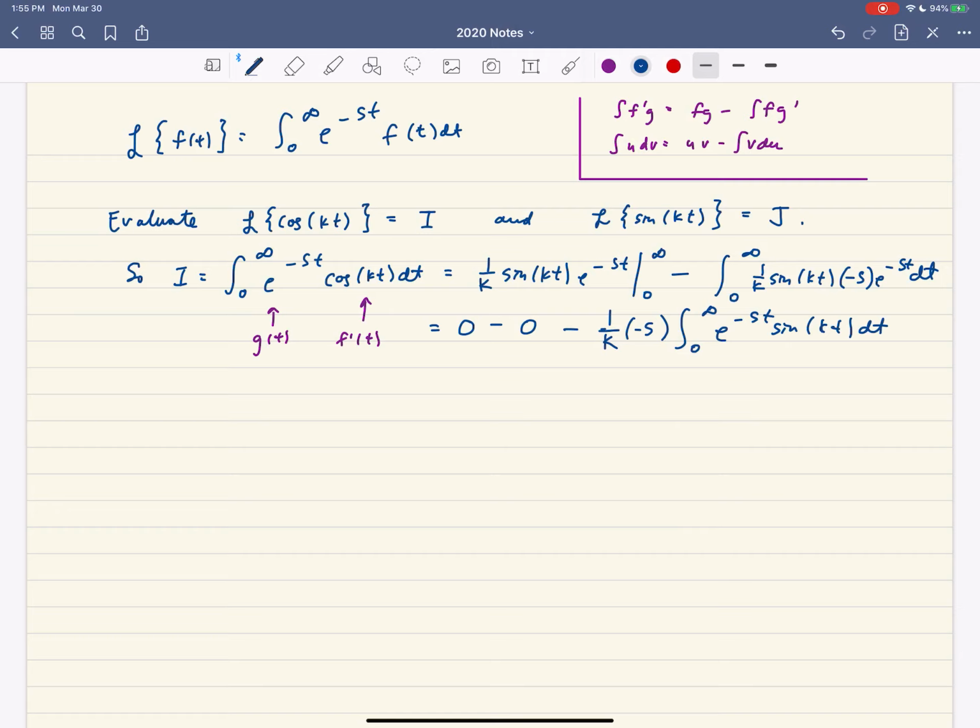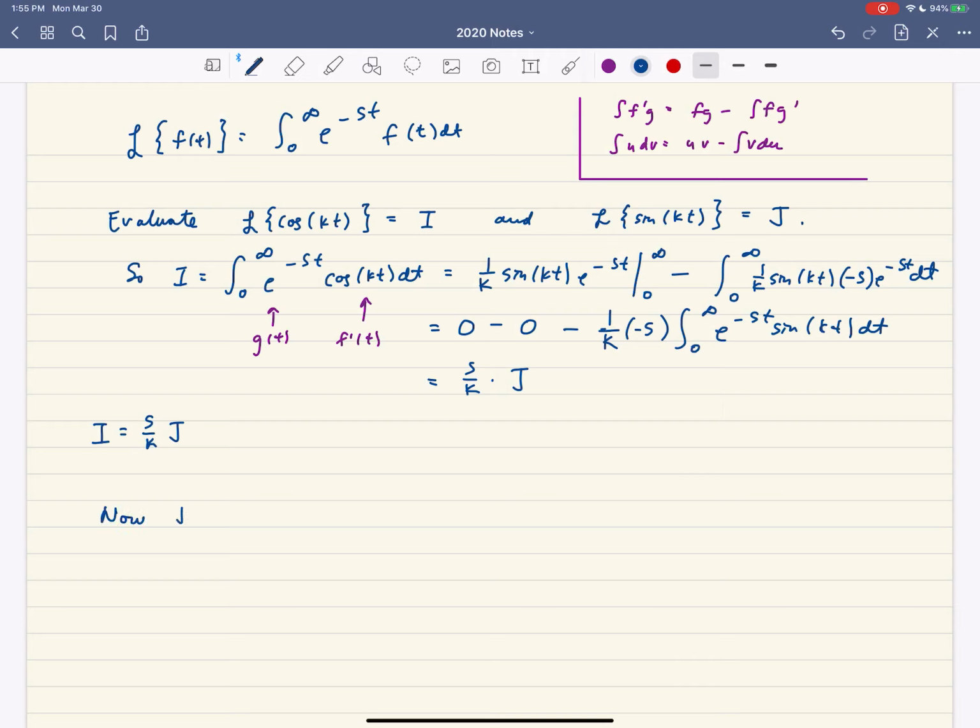Okay, just looking at that, that turns out to be s over k times j, where j was the Laplace transform of sine of kt. Excuse me. And so let's just write that down. That's important. I is s over k times j. Okay. And that's why knowing one is enough to know the other. So now we need to find j.